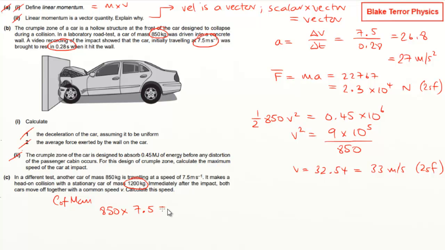That's our initial momentum. The momentum afterwards is the total mass, 850 plus 1200, multiplied by v. So 850 times 7.5 divided by 2050 gives us 3.1 meters per second.